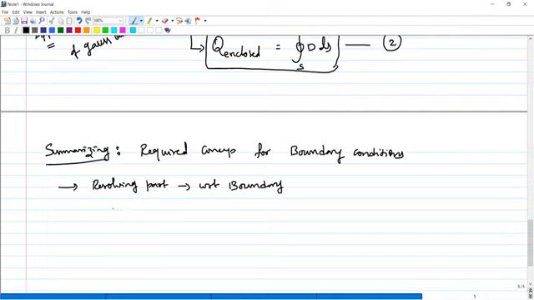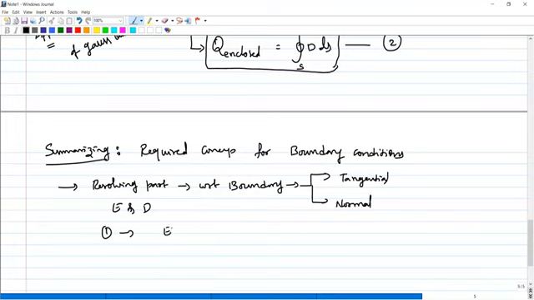We are resolving E and D with respect to the boundary. The components with respect to the boundary are tangential and normal. Therefore, we have resolved the first part: E will be Et plus En, as well as D will be Dt plus Dn.